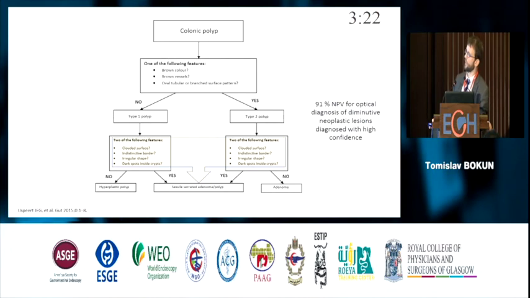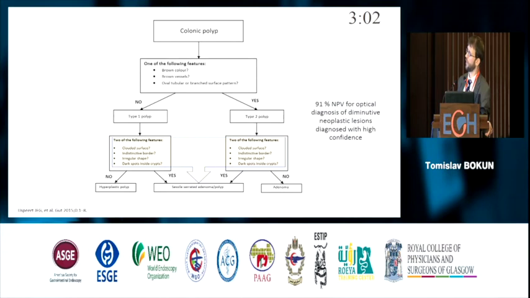If two of these features were present in either a type 1 or type 2 polyp, it was considered a sessile serrated adenoma or polyp, and then you have adenoma and hyperplastic polyp.